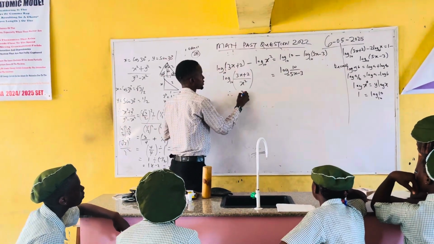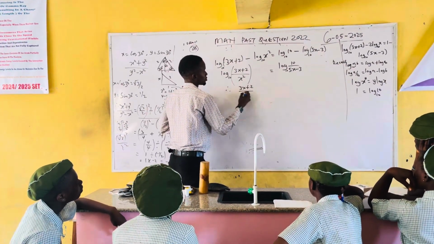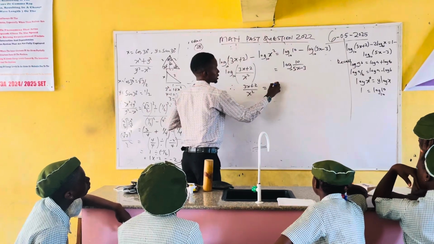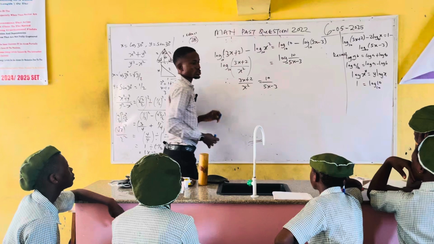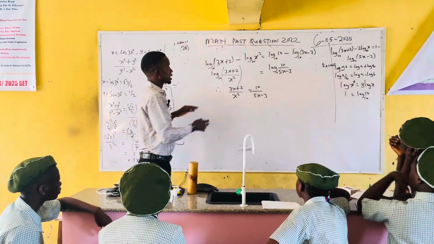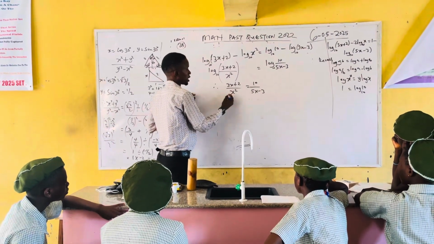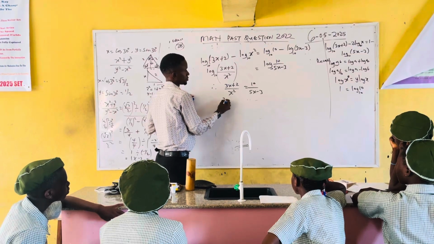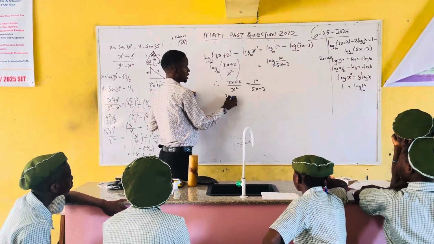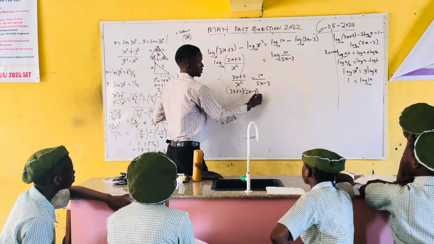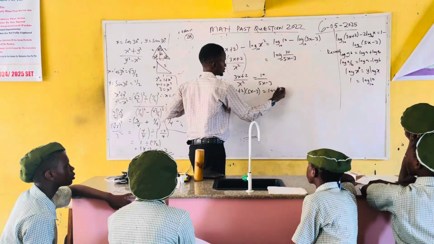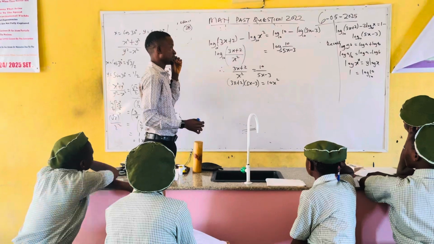So we have (3x plus 2) over x squared equals 10 over (5x minus 3), just like the logs cancel. Are you getting it? Then you can now solve this straight. You cross multiply, and you have (3x plus 2)(5x minus 3) equals 10x squared.